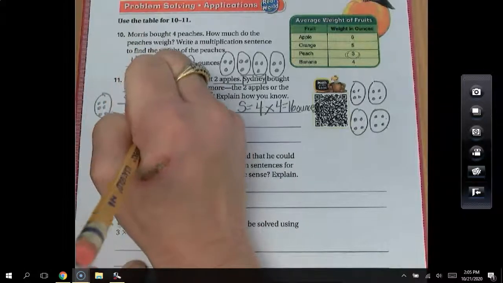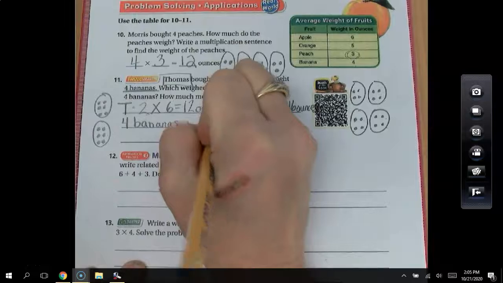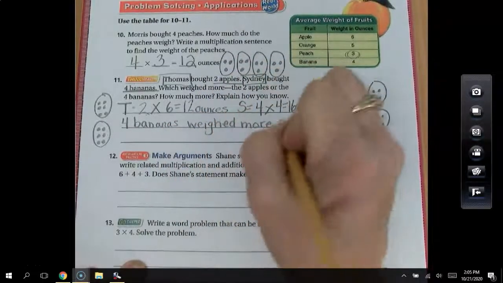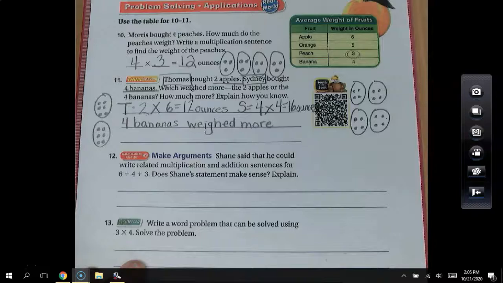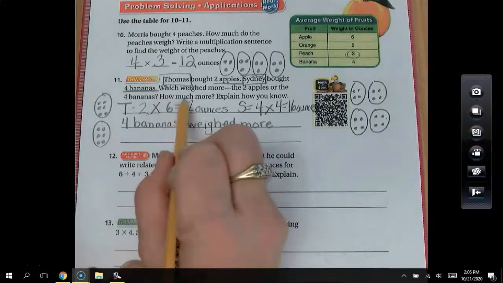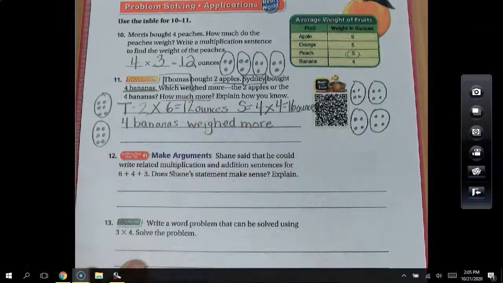So the 4 bananas weighed more. So you should write 4 bananas weighed more. Well, I figured out one question, but I have a couple more to go. How much more? Well, how much more do you add or subtract?